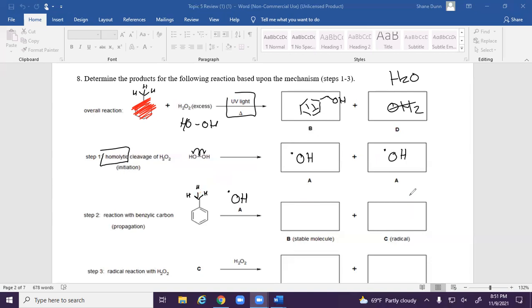So how many electrons does this thing right here want? How many does it want? One. It wants one electron. The only way to get one electron is to make a radical. Radicals need radicals to make them happy. Does that make sense? Yeah.